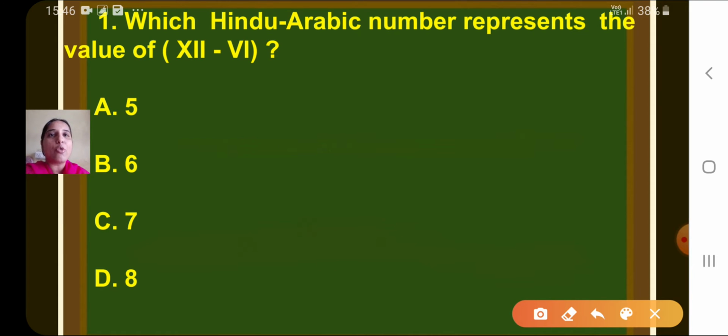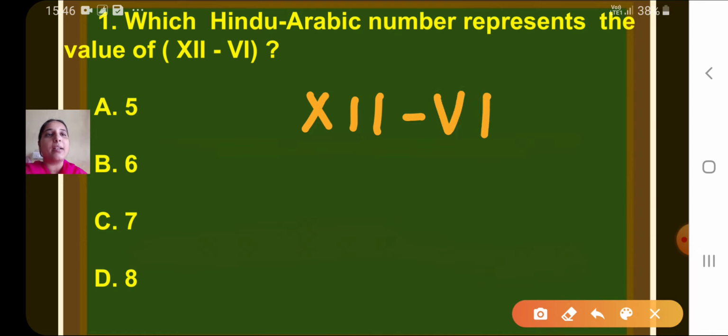So, let's see the question first. You understand the meaning of the question? You have to just click on the correct answer which represents the value of XII minus VI. Now, for that you should know what values they are representing. First, let's find the value of XII.